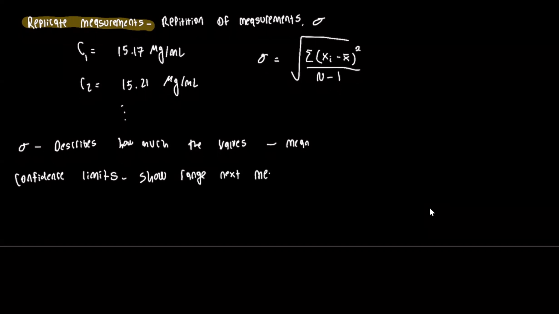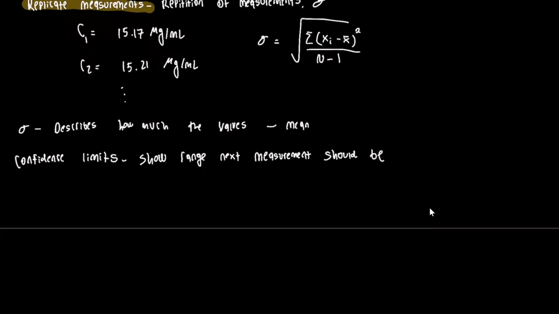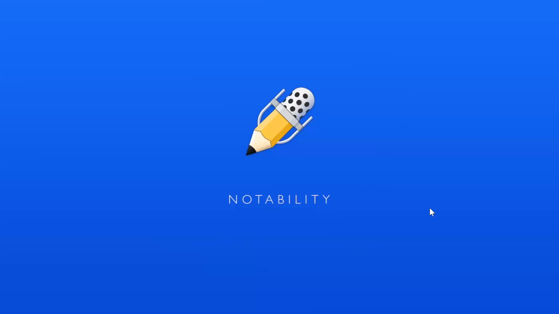This is a slightly different formula, but basically your confidence limit is the average of all your measurements plus or minus t, where t is found on a table, I'll show you that in a second, times the standard deviation over the square root of the number of repetitions you did.